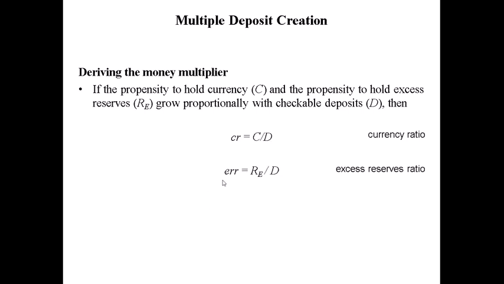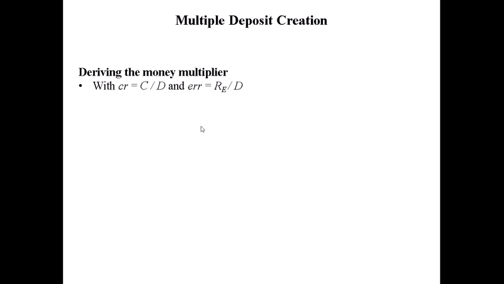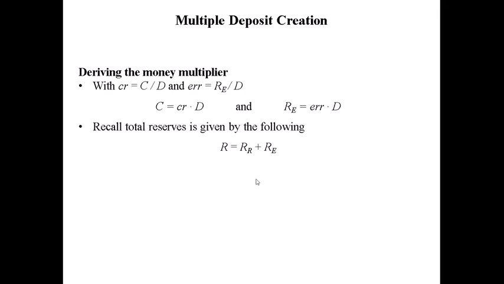And the excess reserves ratio is excess reserves divided by demand deposits. With these two definitions, we can write currency equals this portion, a number between 0 and 1, times demand deposits. We're just multiplying both sides of this equation by demand deposits. We're doing the same thing here. So excess reserves equals the excess reserves ratio times demand deposits.